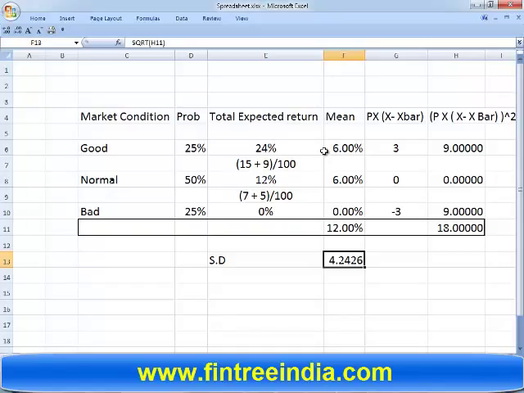So when you take the root, it will be p into the deviation, not p into deviation square. No. When you take a plus b plus c square under root, it doesn't give you a plus b plus c. A square plus b square plus c square under root is not equal to a plus b plus c.